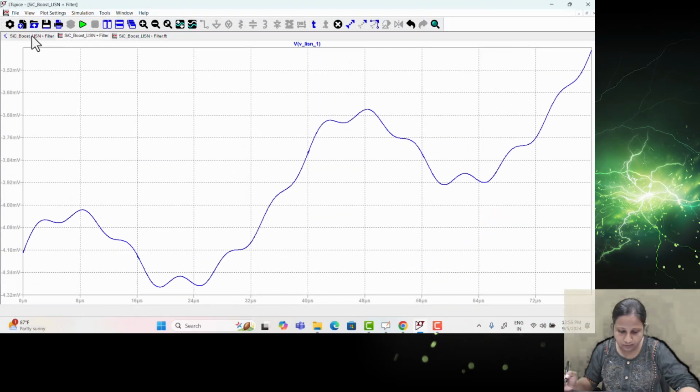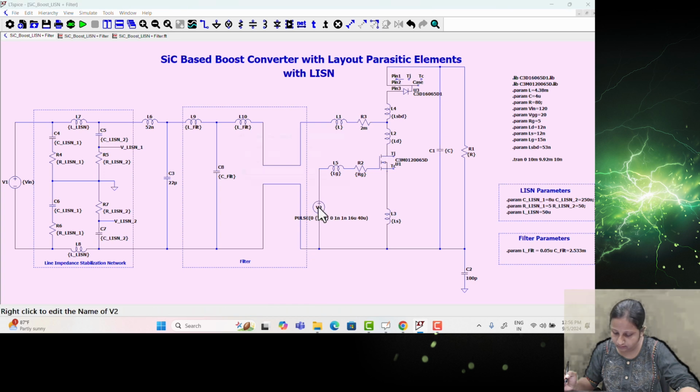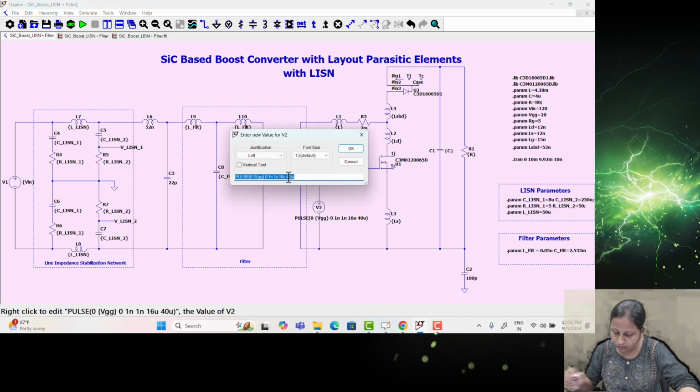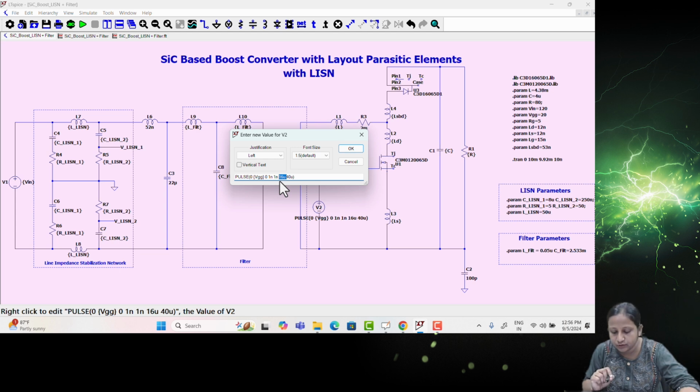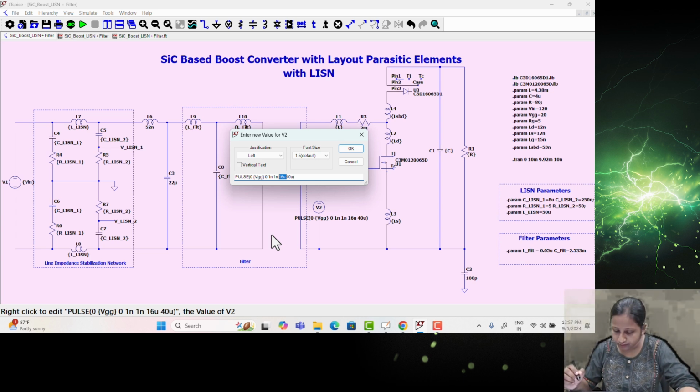The switching pulse we can just see. You can check from here: this is with respect to 25 kilohertz. This frequency is used. Now, since we are talking about wide bandgap devices, you should go for higher frequency. From 25 you go for 100 kilohertz, so let me show you in 100.